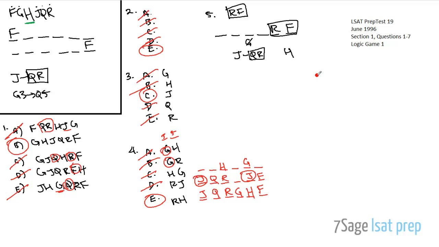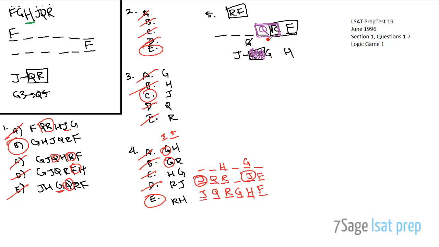Given what we have, R has to be in 5, and G can't be in 3. There's another thing I left out: Q has to come right before R because this is also a block. So now we have J, G, and H to place, and we know that G can't be here.